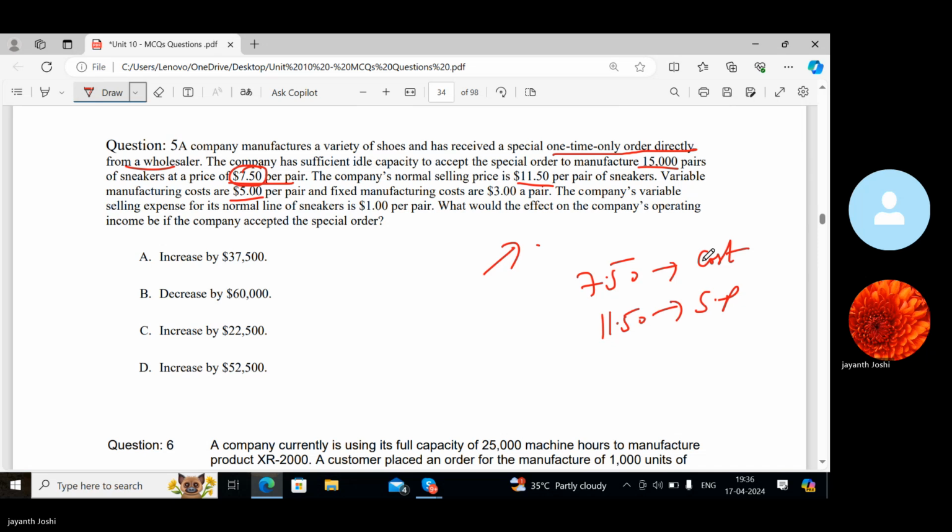And variable cost is $5 per pair. The normal selling price is given. The company has sufficient idle capacity to accept the special order for sneakers at a price of this much per pair.